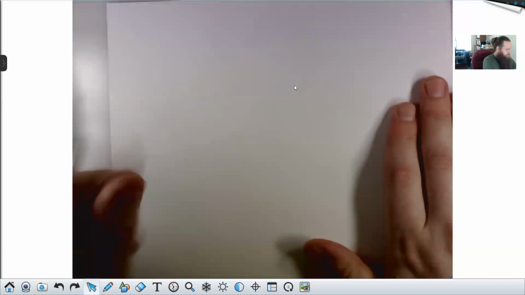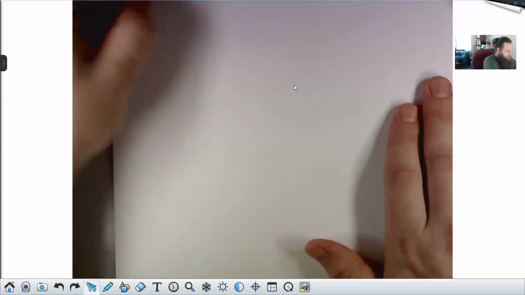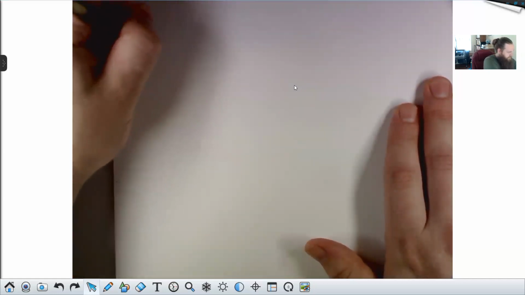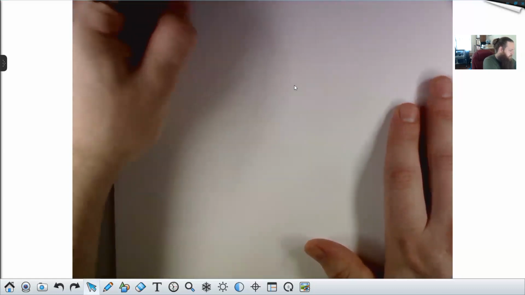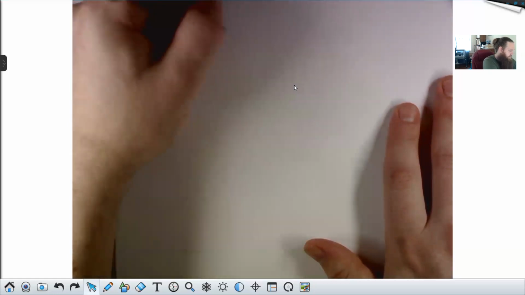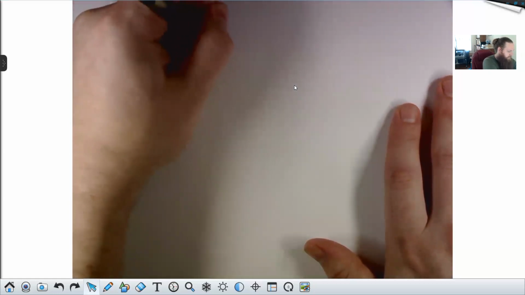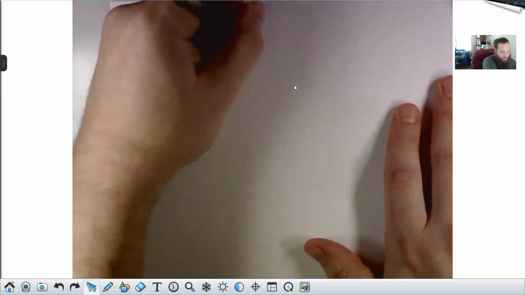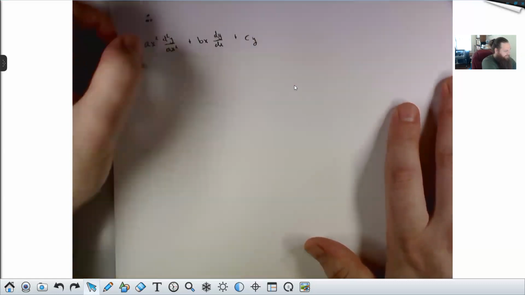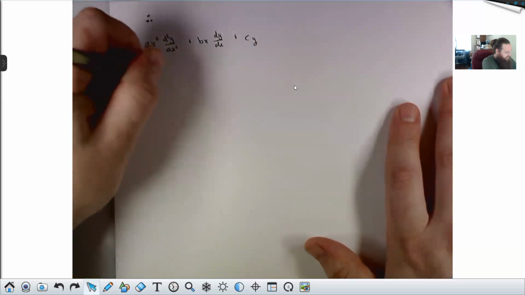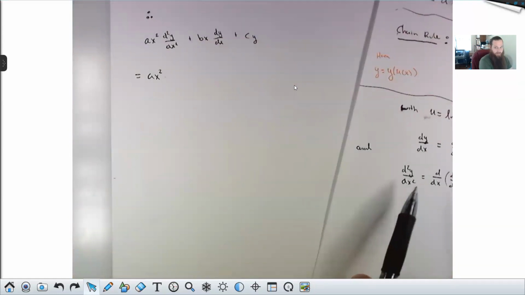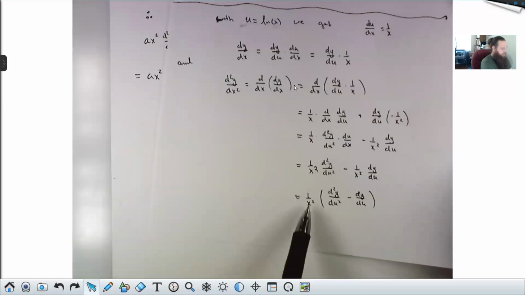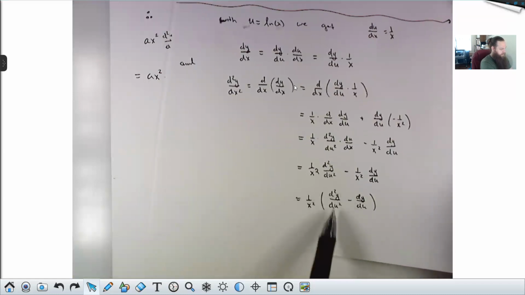Therefore, ax squared d2y/dx squared plus bx dy/dx plus cy is going to become ax squared times the second derivative, which was 1 over x squared times d2y/du squared minus dy/du.